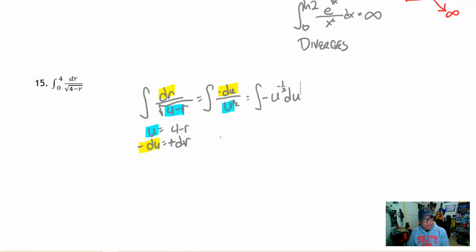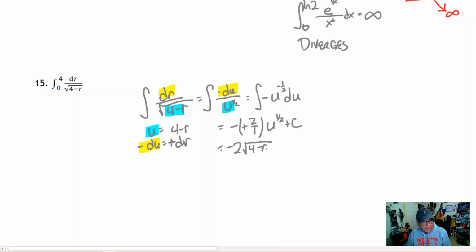And this integral, well, if we add 1 to the power, negative 1/2 plus 1 is 1/2. And the reciprocal of 1/2 is, of course, 2 over 1. So this looks like negative 2 square root of 4 minus r plus constant for that antiderivative.